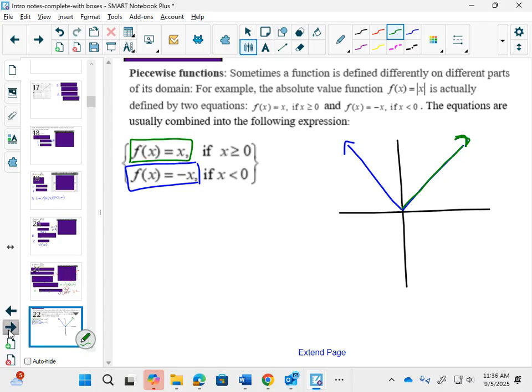And we have the blue part when x is less than 0. And generally, I have the equal sign with one and not the other. It didn't matter which one I had the equal sign on, but you can't say it's 2 equations at the same time. You have to pick one to have the equal and one not. So we have 2 equations. This makes this a piecewise function.